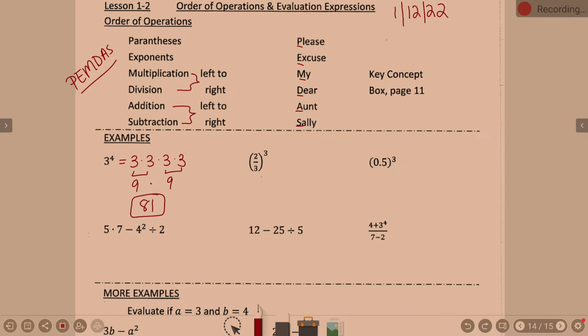Okay, next example. 2/3 to the 3rd. If we're doing something to the 3rd, what has to go to the 3rd? It's going to be 1.